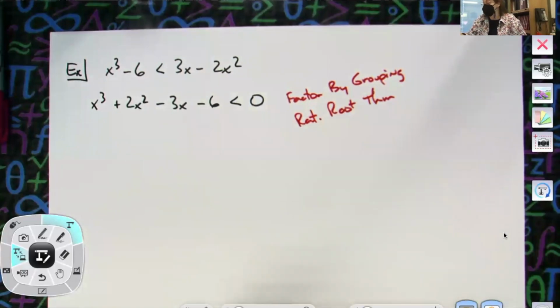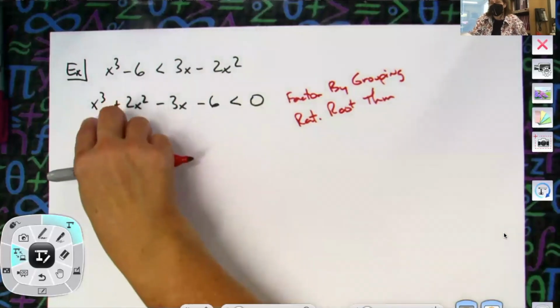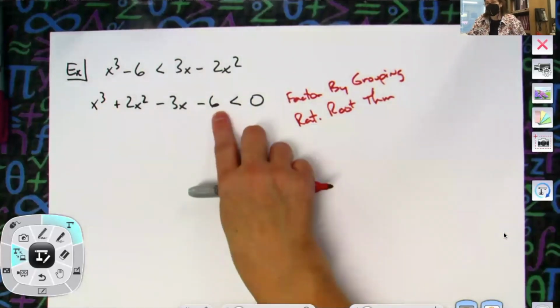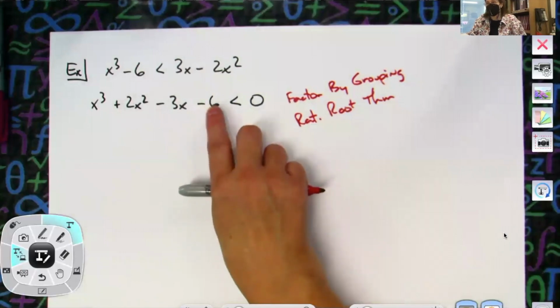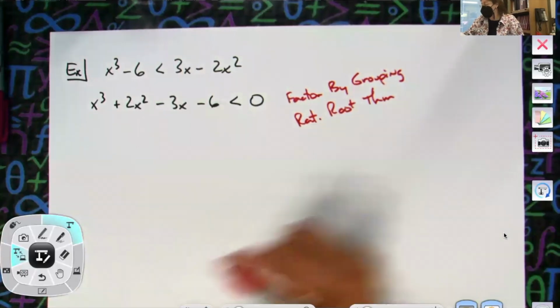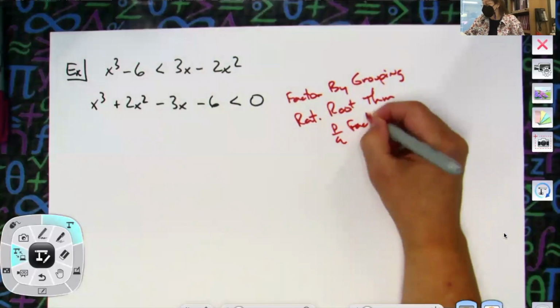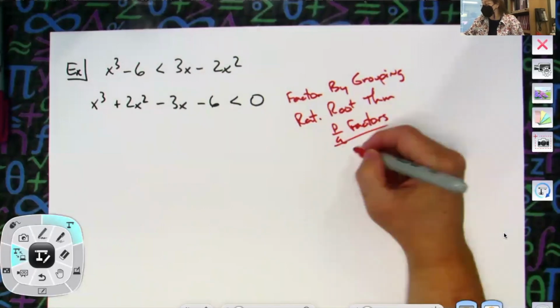The rational root theorem is going to be that P over Q. You take all the factors of 6, and then you do synthetic division, and you try to get them to work. So in other words, all the factors, and then you are doing the synthetic division.